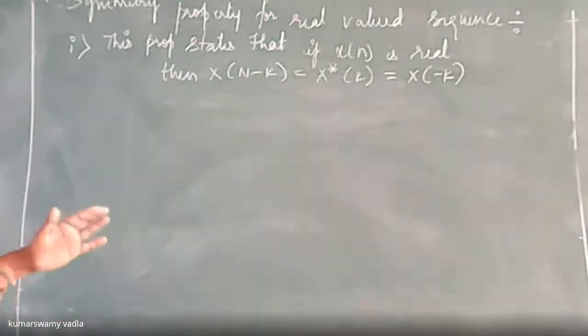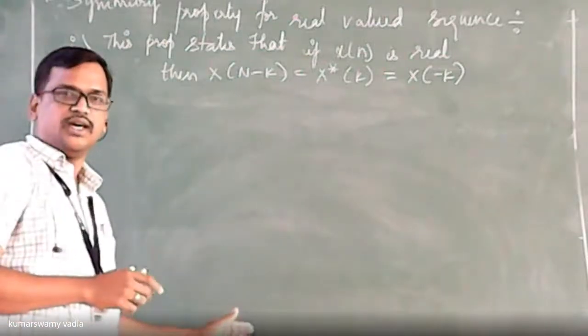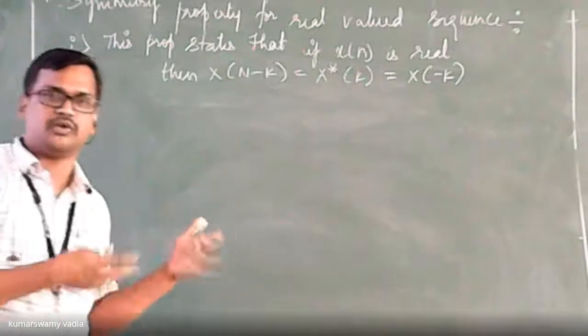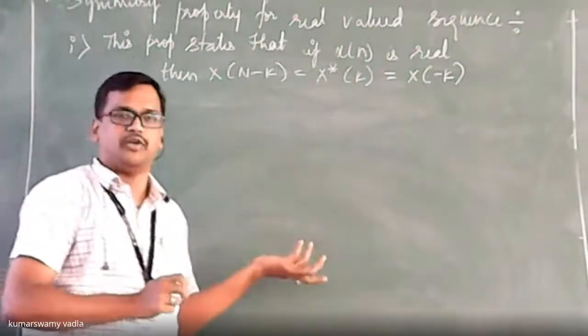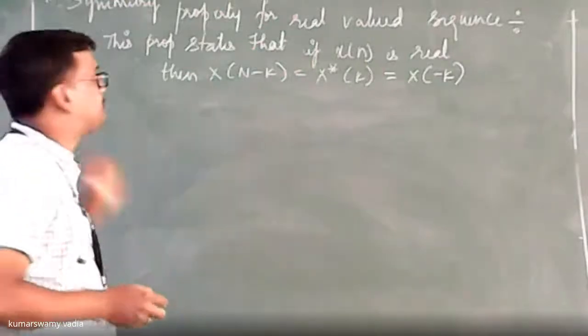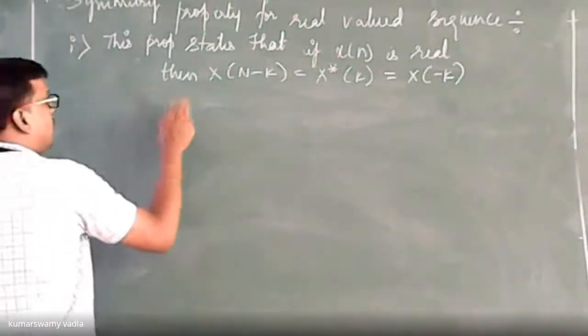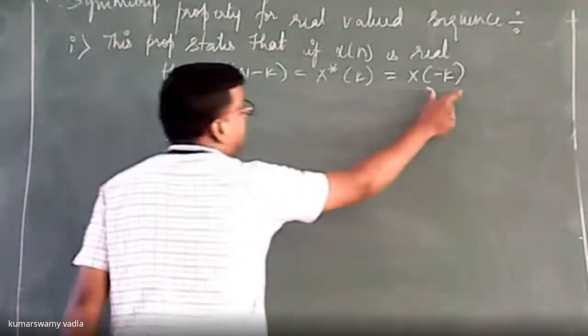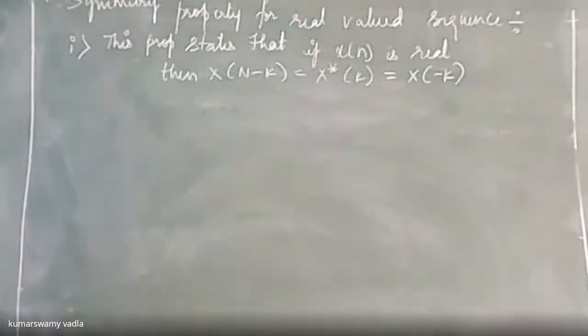Please concentrate on the board and give some time to note down, or I will be sharing the videos also. I am uploading these videos onto YouTube. You can download them whenever you require, or just watch them online. Now, what I need to prove is X of N minus k as X of minus k.